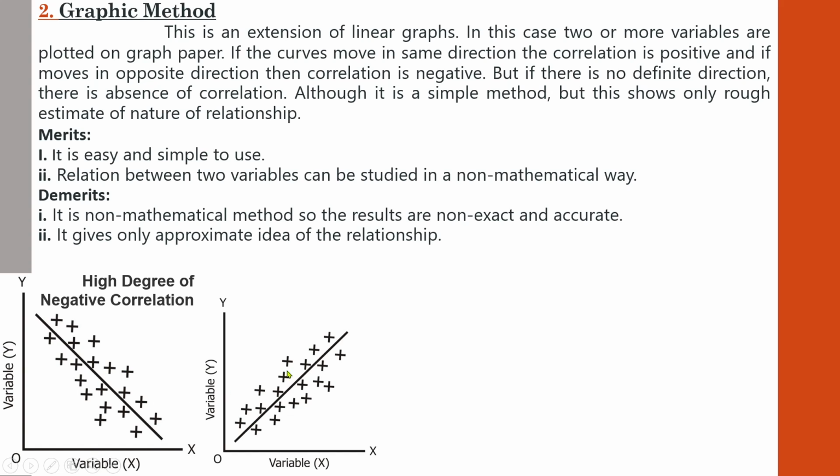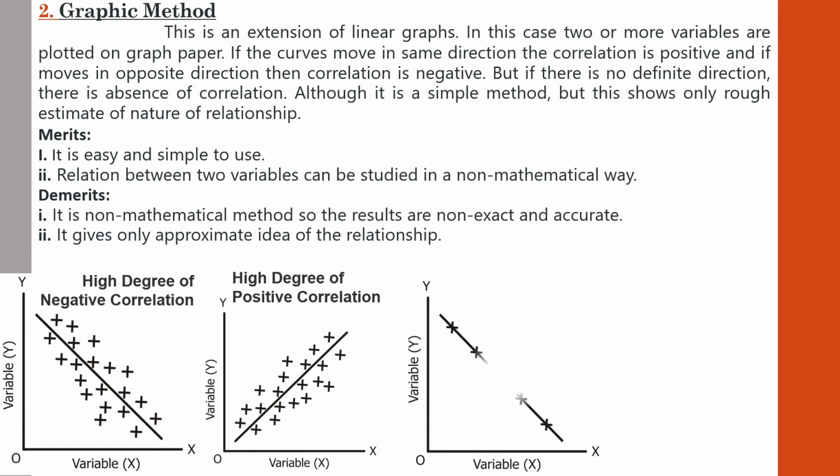Likewise, this one is similar, the only difference being that it moves from left to right with an upward movement. This is high degree of positive correlation. I hope you are getting my point. So now you know what is meant by positive and negative correlation with a high degree. See, this one is good. Here all the points are on the line itself.